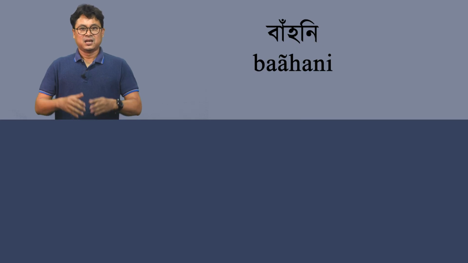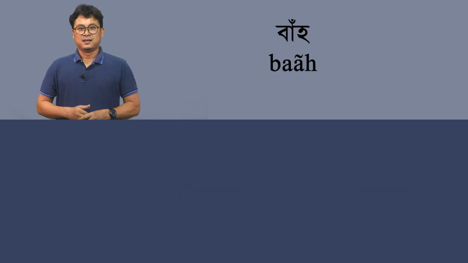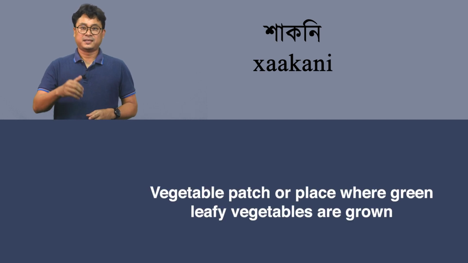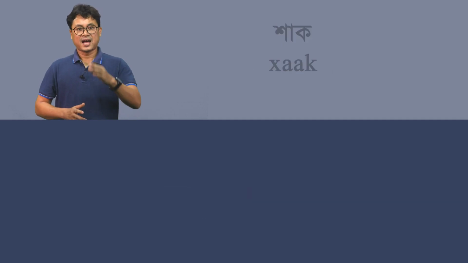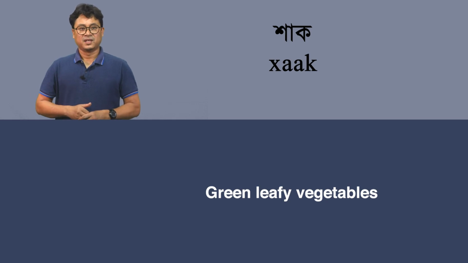For example, bahoni, which means bamboo grove or place where bamboos grow, from ba, which means bamboo. Hakoni means vegetable patch or place where green leafy vegetables are grown, from hak, which means green leafy vegetables.